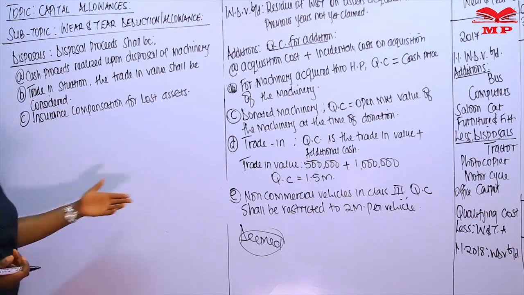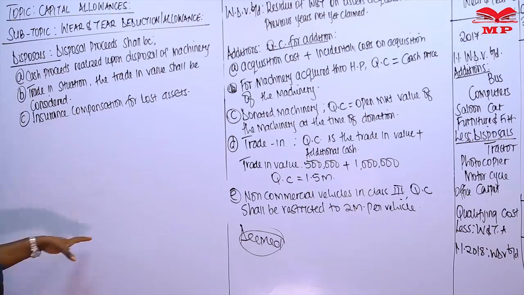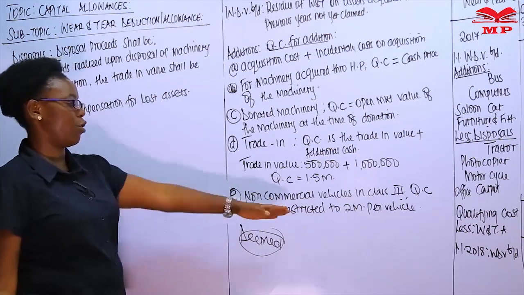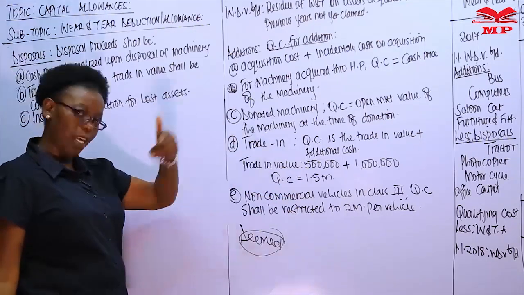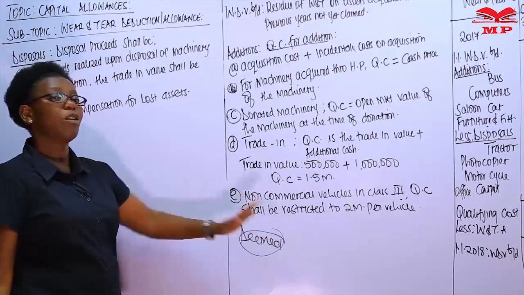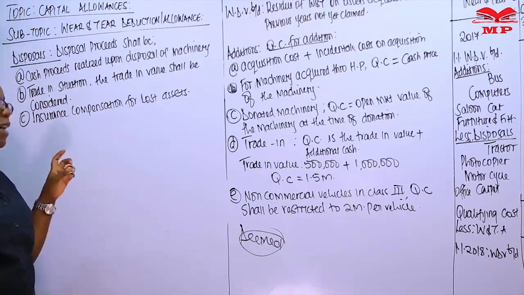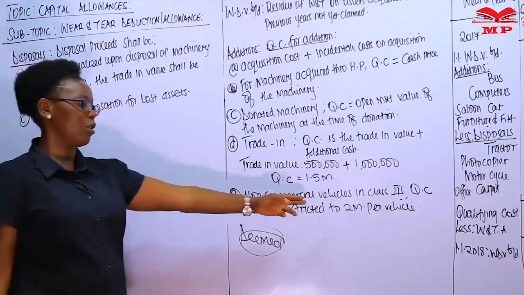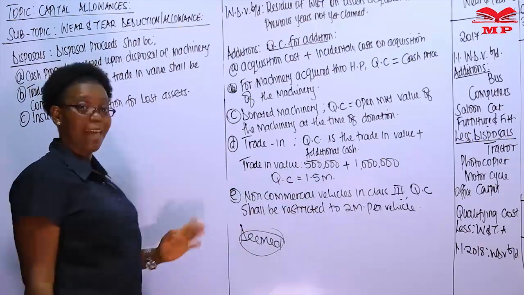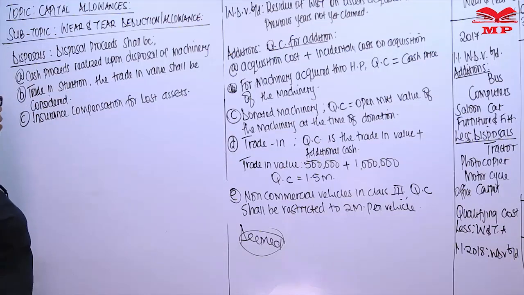Then now we get to the non-commercial vehicle. Now we said in non-commercial vehicles, we're going to restrict the cost for addition at 2 million. But we've said you can go ahead and buy a vehicle at more than 2 million shillings. So if the vehicle was 4 million, we restricted it to 2 million. Then we are going to restrict the cost for disposal.